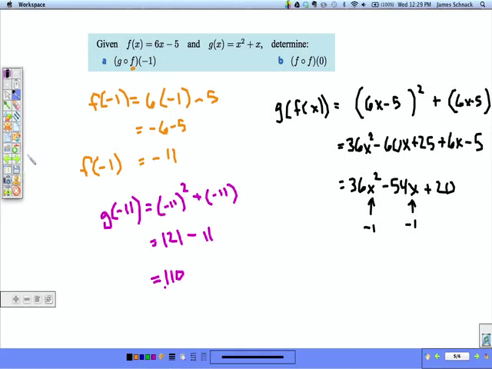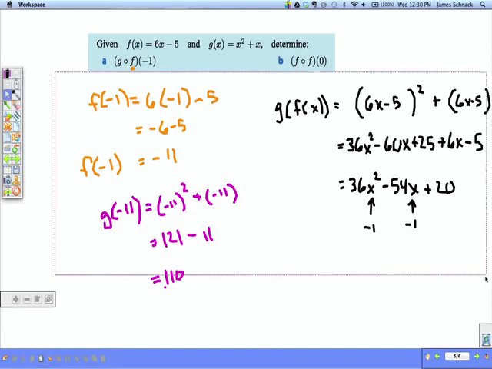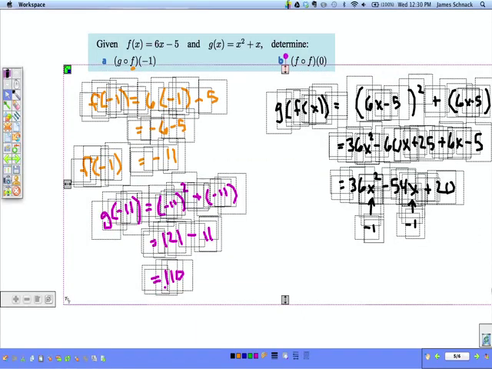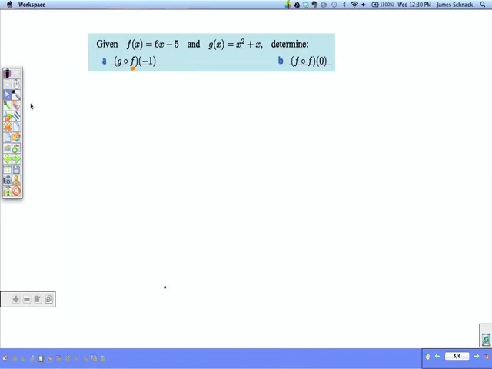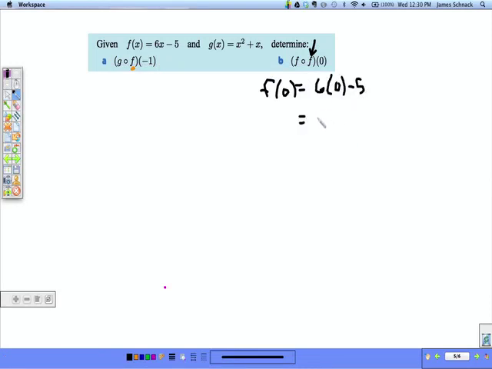But now we've got to deal with part B. All these letters, G's, B's, E's, they're all sounding alike. So here I want f of f of 0. Let's start with this f first. f of 0. We plug 0 into the f machine. f of 0 is not 0, it's negative 5.